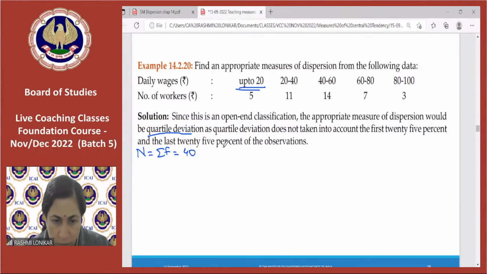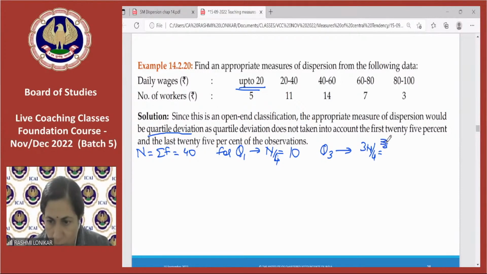Okay, so for Q1, I will have n by 4, which is equal to 10. For Q3, I will have 3n by 4, which is equal to 30.